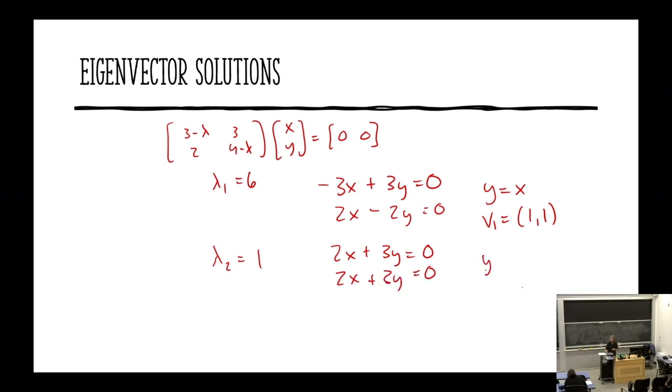So that gives us y equals minus 2/3 x. So we can just choose v2 equals (1, minus 2/3). And then you can go through and verify that these make sense by plugging them back in.